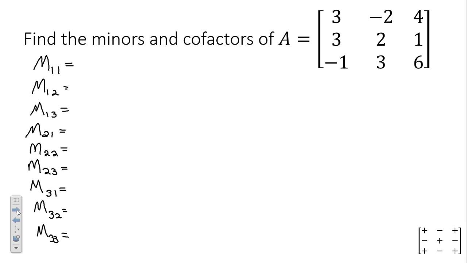So when we want the minor of row 1, column 1, that means that we're eliminating row 1 and column 1 and finding the determinant of what's left.